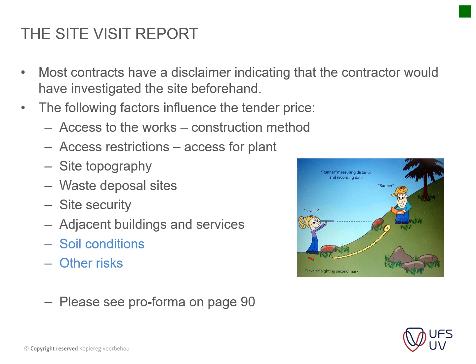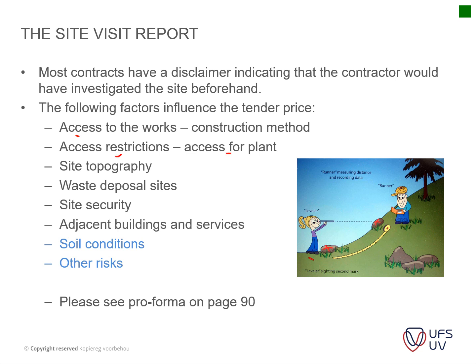So you need to look at the following items. Your access to the site. Do you have accessibility to the site? If you've got a junior person that might visit the site, you won't necessarily look at those items where access to site might be a challenge. Access restrictions.